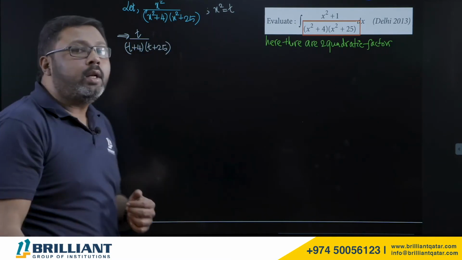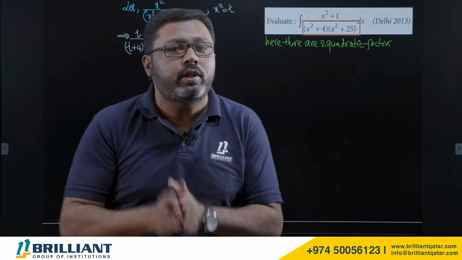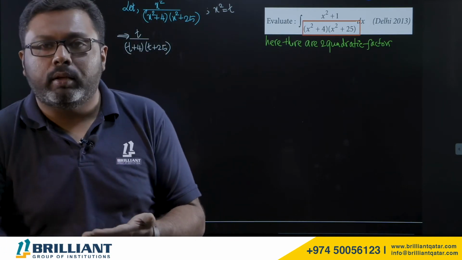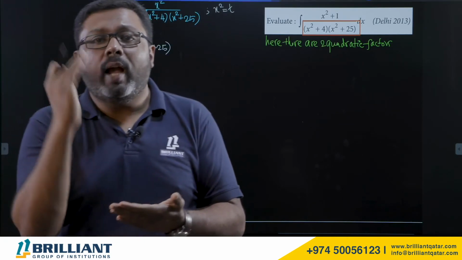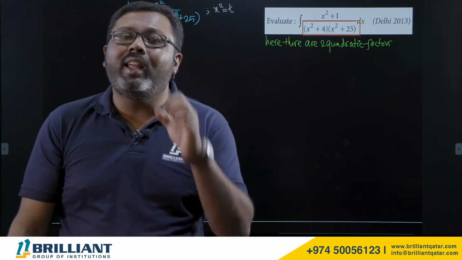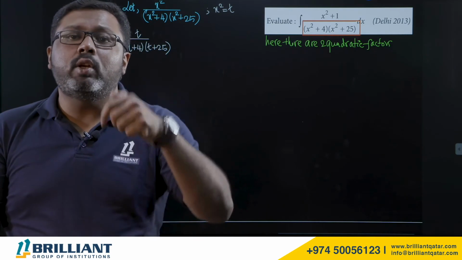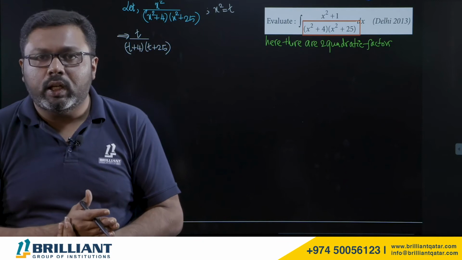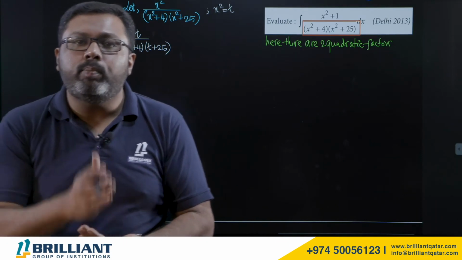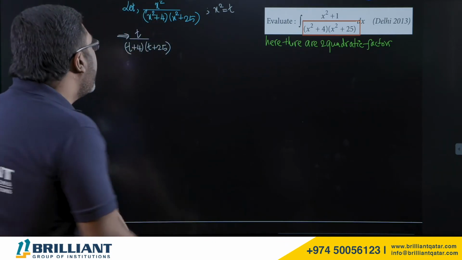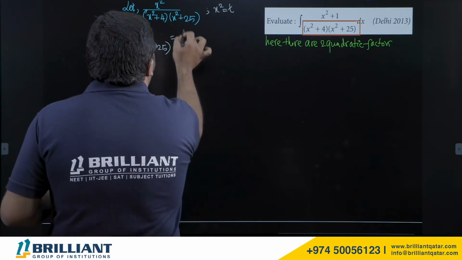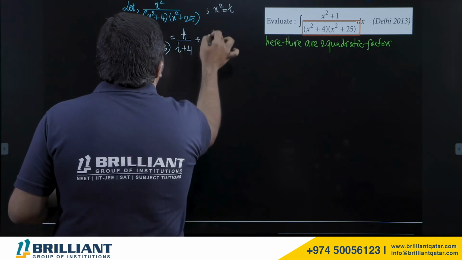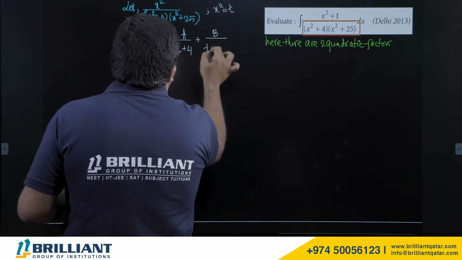I'm not doing the method of substitution which you usually do in integration. No, I'm just doing the substitution only in the partial fraction method. Keep in mind, I'm not doing the normal integration method of substitution, where you have to do the derivative and resubstitute dx and dt and all, but not that. I'm doing this as a simple substitution in the partial fraction. And then this can be written as A by t plus 4 and B by t plus 25.